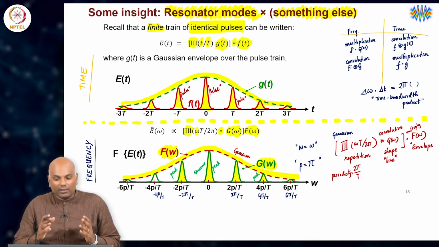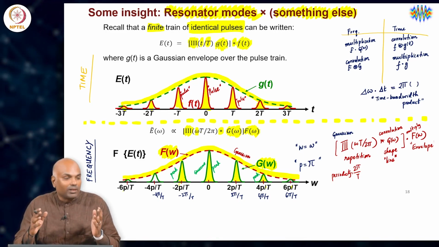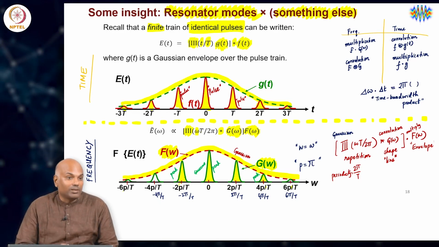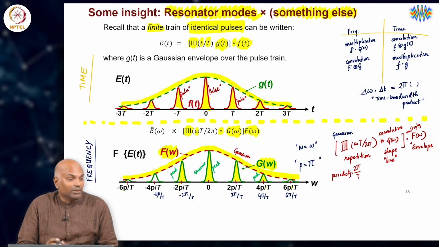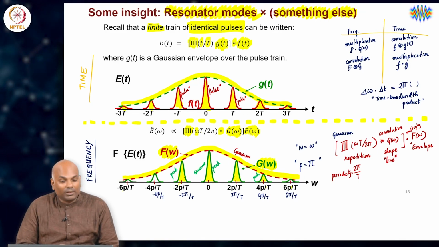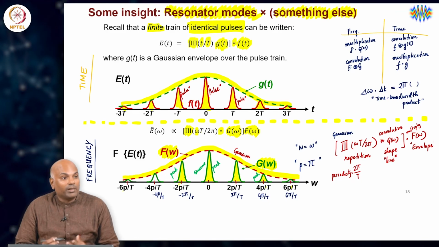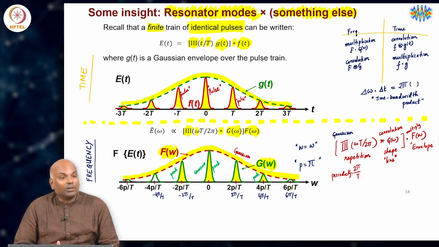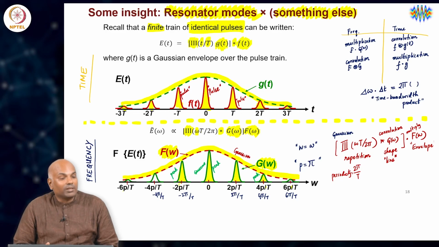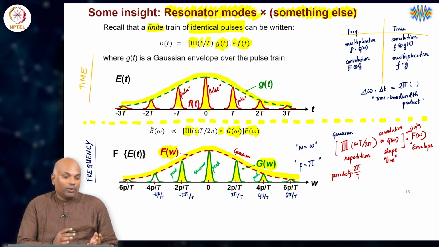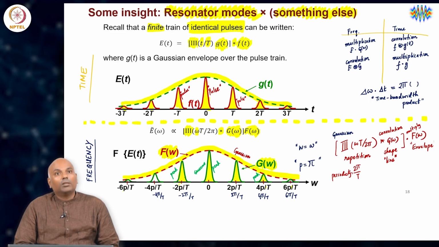People have studied this, investing significant parts of their careers. There have been Nobel Prizes also given for works relating to this, such as the Nobel Prize to Professor Ted Hansch and Professor Jan Hall for frequency combs.